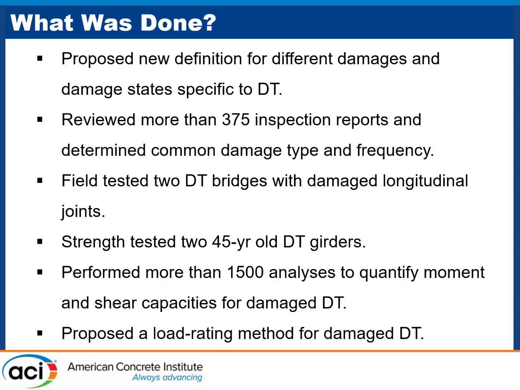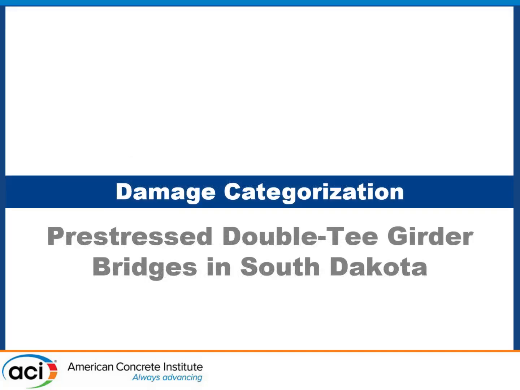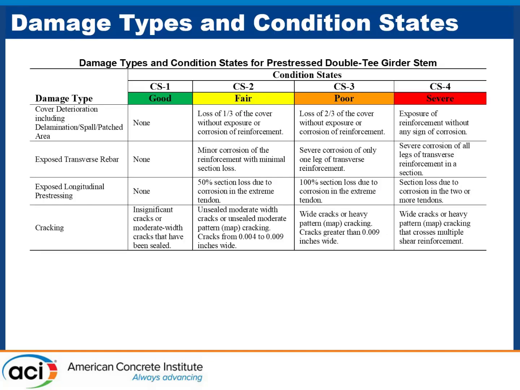And we field tested two bridges, nothing super exciting, but we did those that had the longitudinal joint damage. We brought two 45-year-old severely damaged girders to a lab and tested them to failure. And we did 1,500 analyses to find a relationship between damage and the capacity. I'll go quickly over these topics one by one.